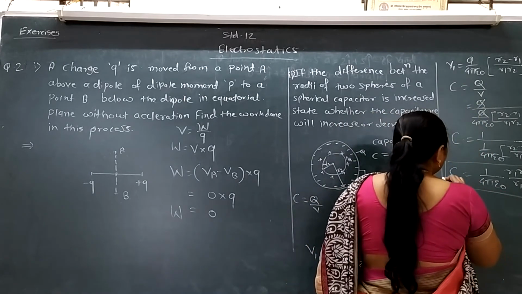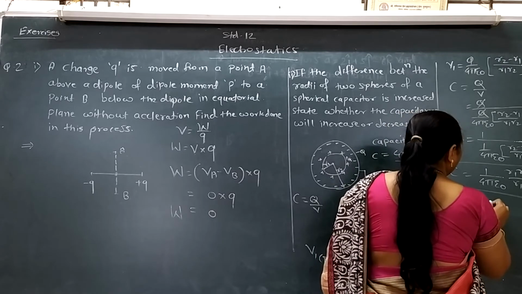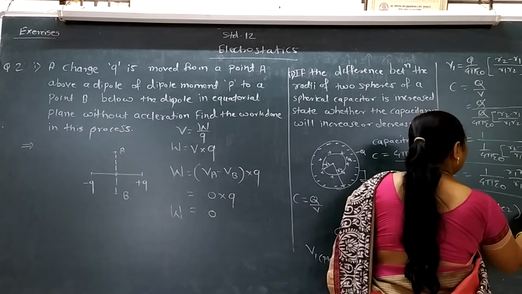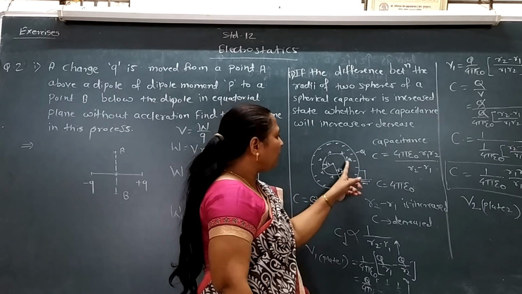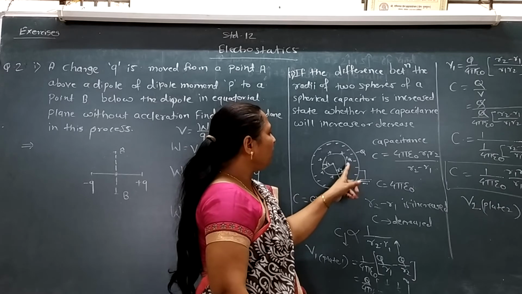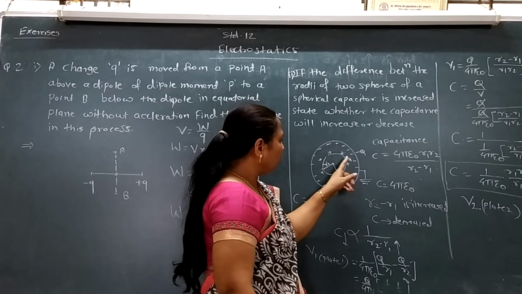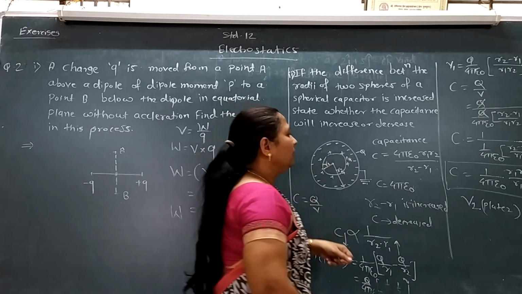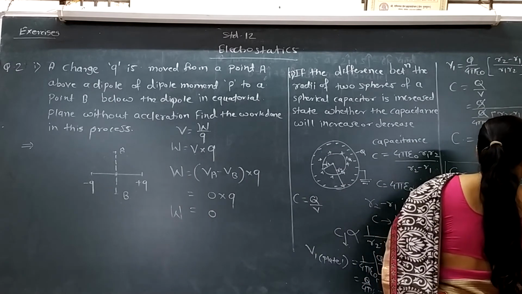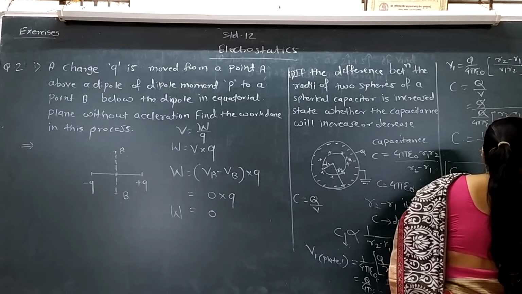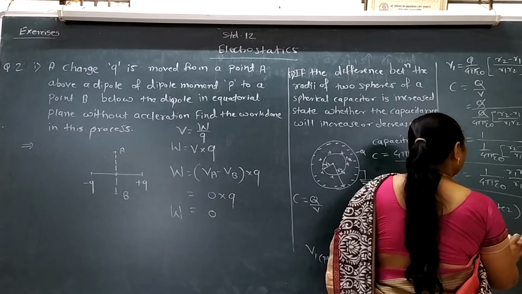Now the potential on plate 2, V2, is Q upon 4 pi epsilon 0 R2 minus Q upon 4 pi epsilon 0 R2, that is, 1 upon R2 minus 1 upon R2, which is 0. Therefore, V2 potential is 0.